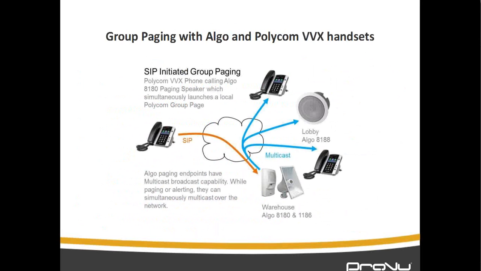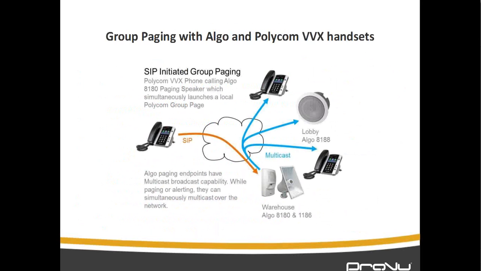Algo is certified with the Polycom group paging feature, so you can add an Algo to a group paging group, and then it will allow you to make a page, or whatever you want to do, really.